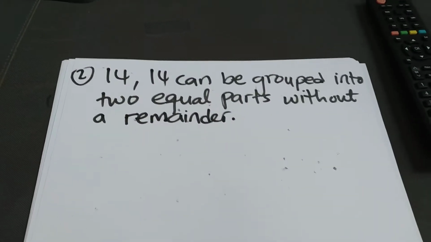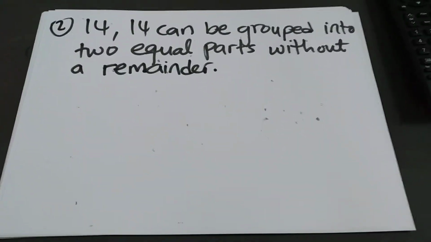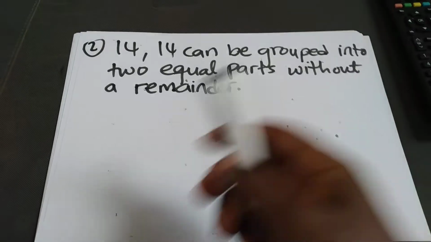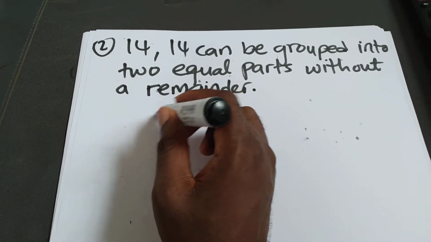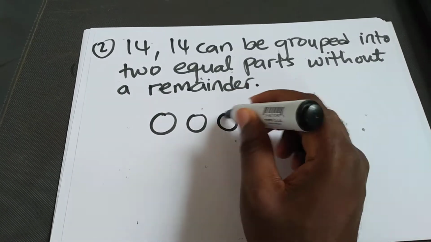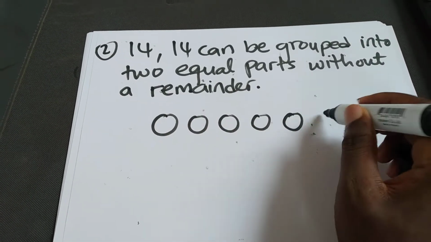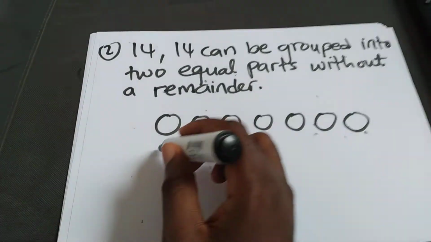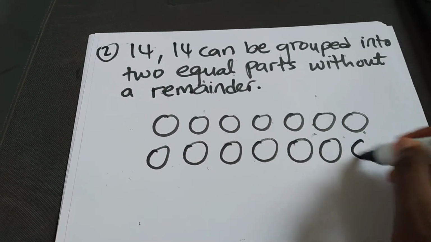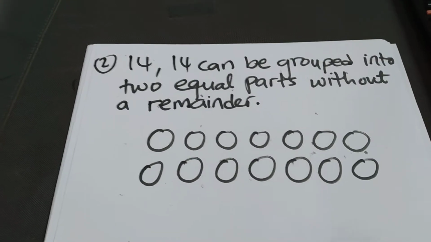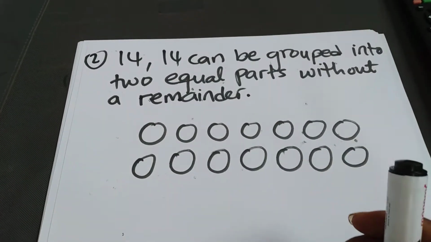Let me quickly use some models to explain what I have written down. So for example, you can have 14 circles. 1, 2, 3, 4, 5, 6, 7, 8, 9, 10, 11, 12, 13, 14. And now we are asked to group this into 2 equal parts.